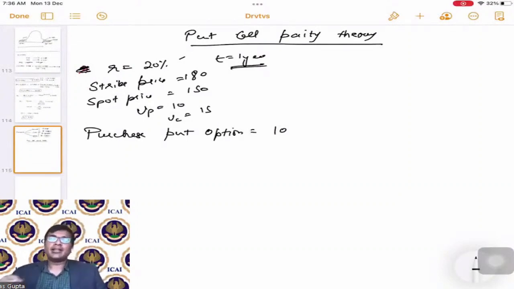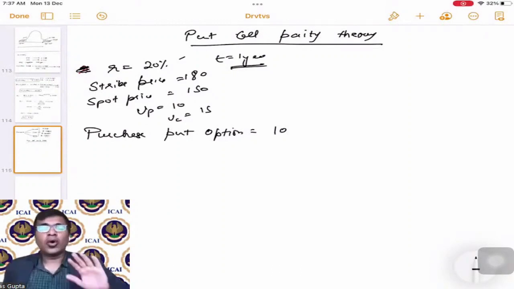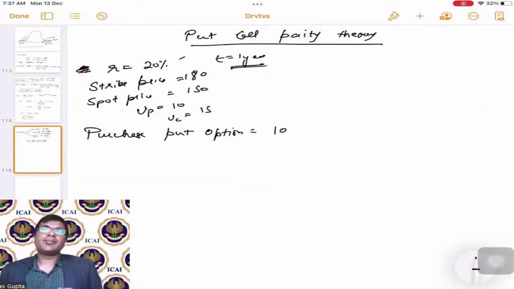Now, what additional thing does he have to do in case he's purchasing the put option? That means he's purchasing the right to sell. In that case, he needs to have that share with him, because on the expiry date, once he is going to exercise the option of selling the share, he needs to have that share to sell.